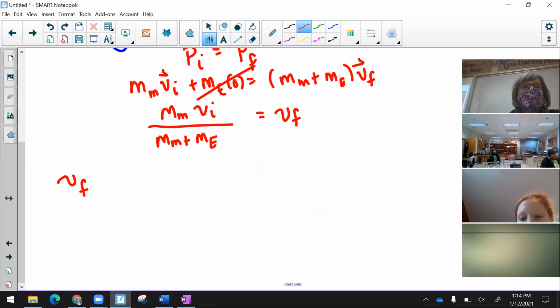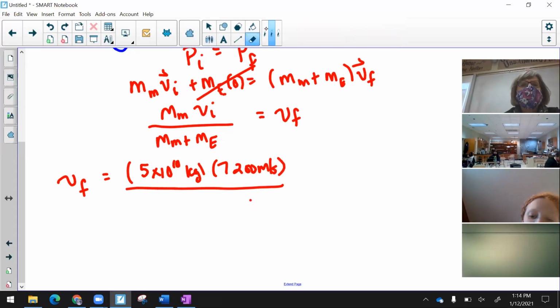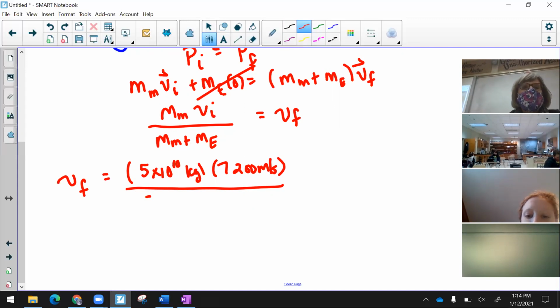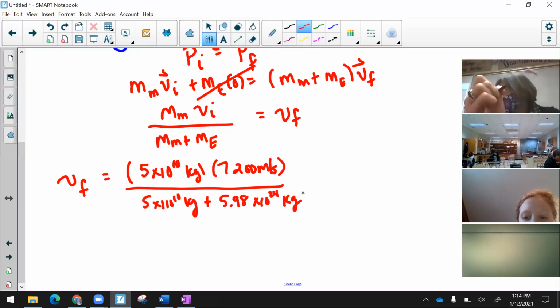So if we substitute in here, they tell us the mass of the meteor is 5 times 10 to the 10 kilograms. It was coming at 7,200 meters per second. And then we have the sum of the masses. So that's 5 times 10 to the 10th kilograms plus 5.98 times 10 to the 24 kilograms, which is the mass of Earth.